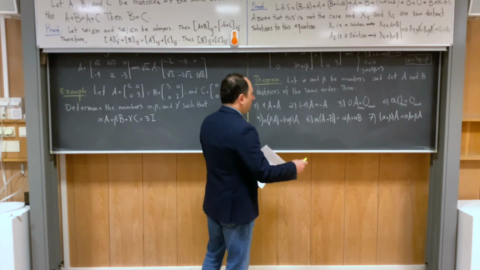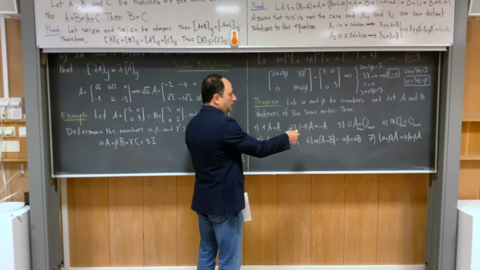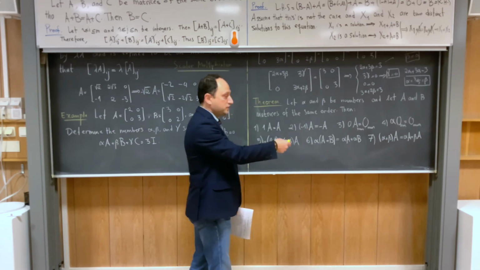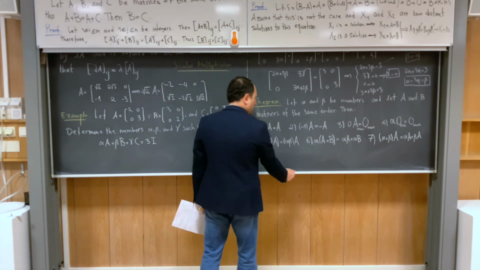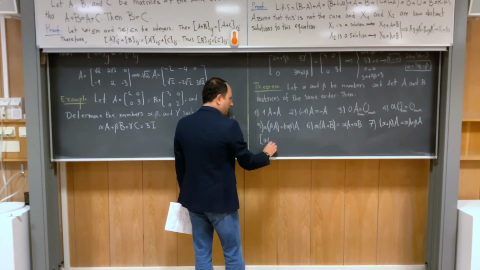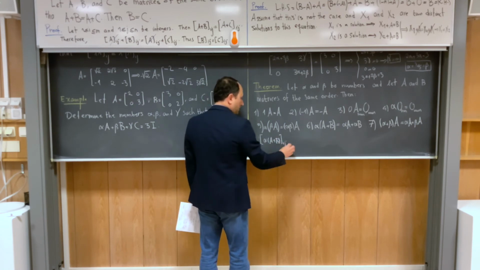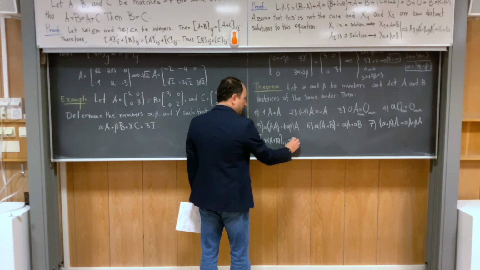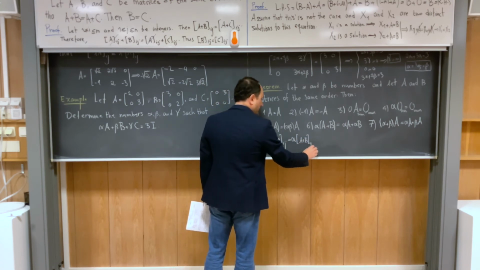So again, if I want to be very precise, I need to say that i runs from 1 to the number of rows and j runs from 1 to the number of columns. But assuming that I have done all those things, I consider the ijth element of this matrix. Based on the definition, I can write alpha times the ijth entry of this matrix.